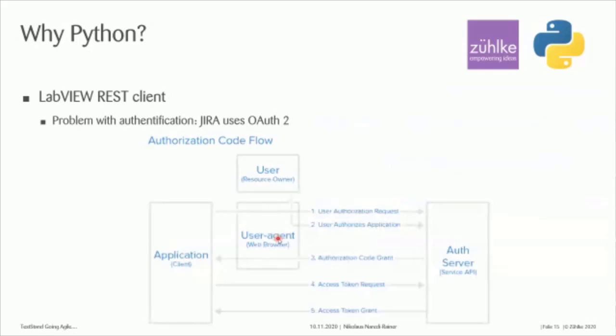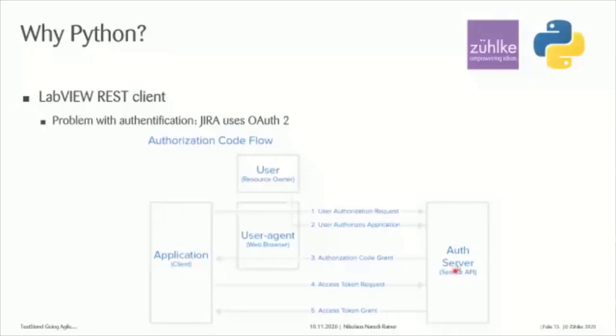But then our DevOps team switched JIRA to OAuth 2, which is a different way of authorization. And this was all of a sudden not so easy anymore with LabVIEW, because with OAuth you have to do a little OAuth dance. First of all, our end-of-line tester requests authorization from the JIRA server.